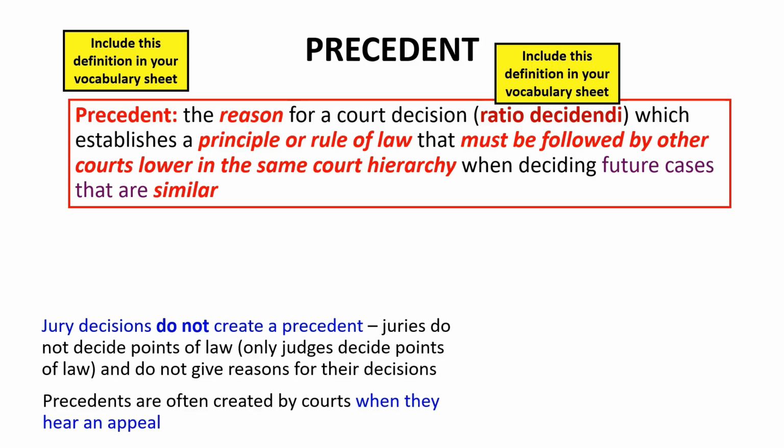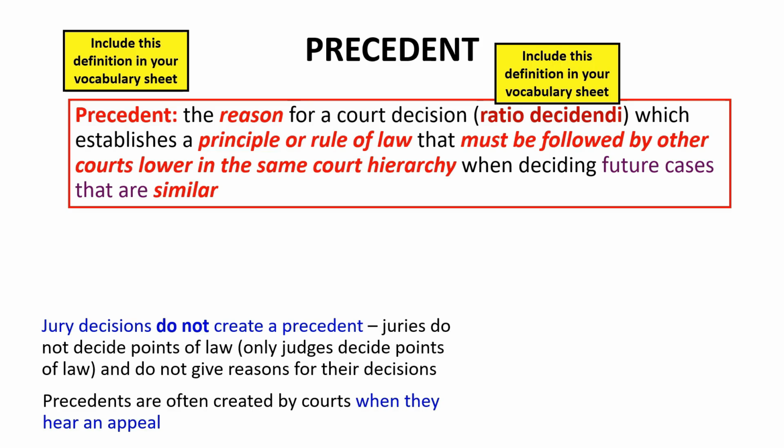The third important part of the definition of precedent is that the principle or rule of law is one that must be followed by other courts lower in the same court hierarchy. You'll recall that a court hierarchy is a ranking of courts according to the seriousness and complexity of the matters they deal with. The highest court in the Victorian court hierarchy is the High Court, which is actually a federal court.